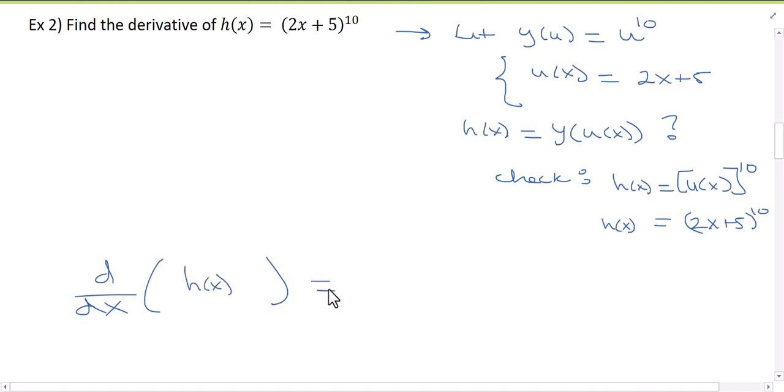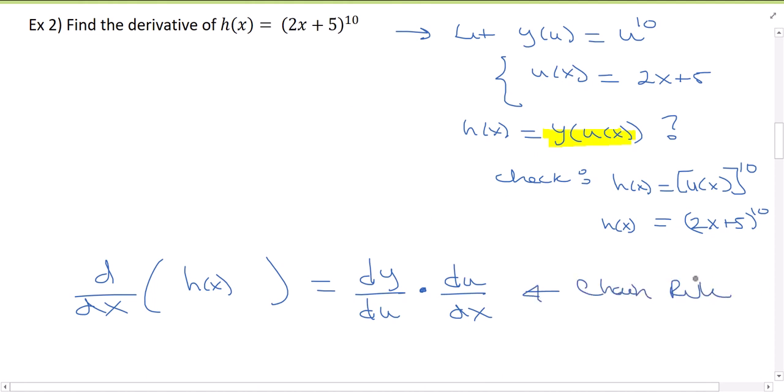So the chain rule says, because h is the composition of these two functions, y and u, the derivative is going to be the derivative of y, the first function, the outside function, with respect to u, since y is a function of u, then times the derivative of u, the inner function, with respect to the variable. U is a function of x, so du dx. And so this is what we call the chain rule.